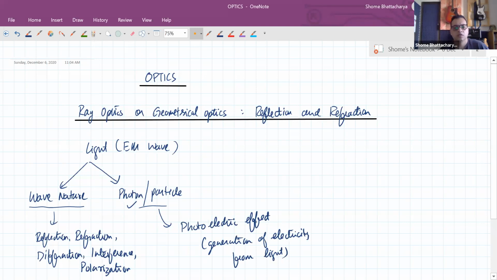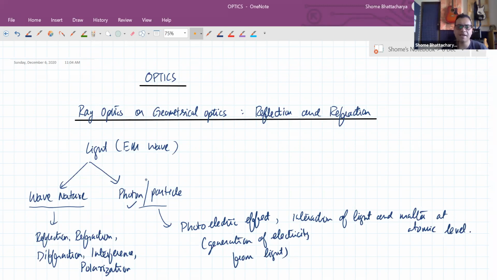So that is where the photon nature of light exhibits its properties. Then also the interaction of light and matter at the atomic level. That is where light exhibits its photon nature or photonic nature.